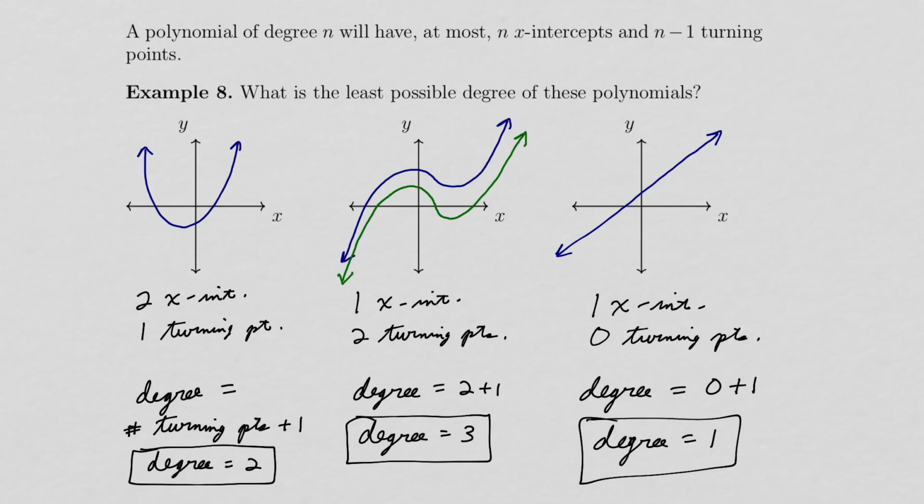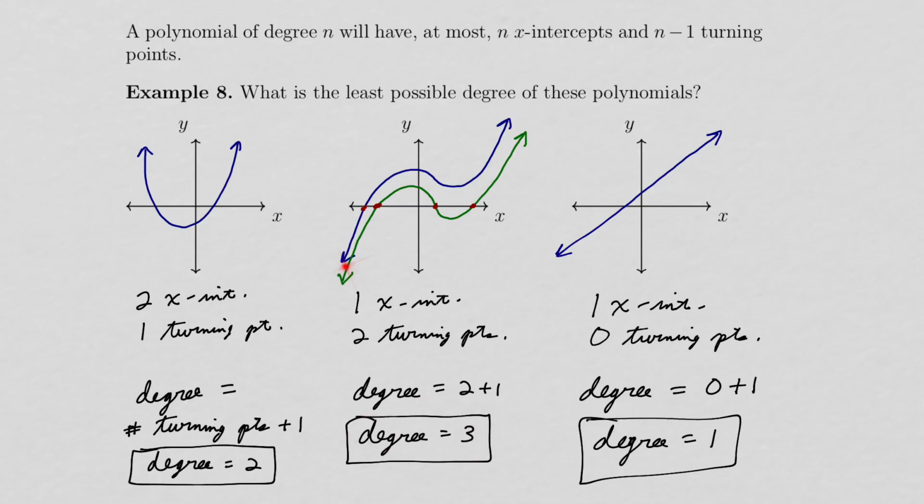But now if you look at it, it has 3 x-intercepts, whereas before it only had 1. So that doesn't really help us in determining the degree of that polynomial. But it still has 2 turning points. So if I add 1 to that, 2 plus 1, it's still degree 3. That's a third degree polynomial.